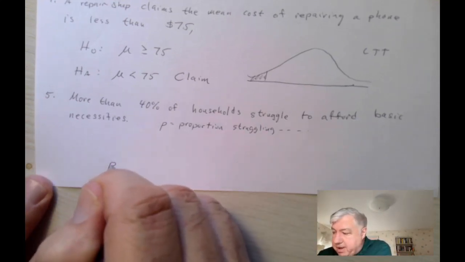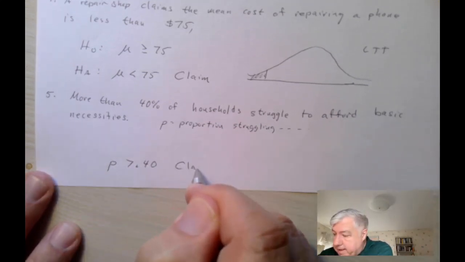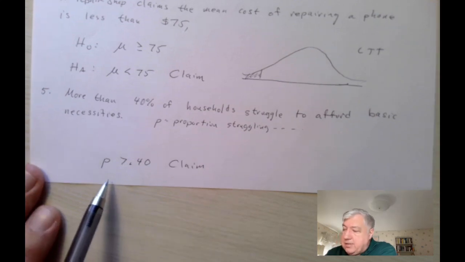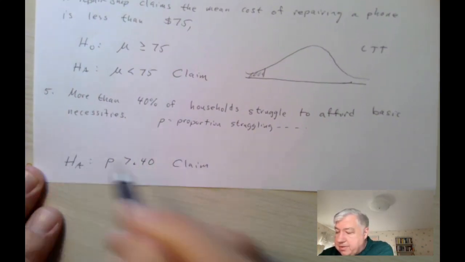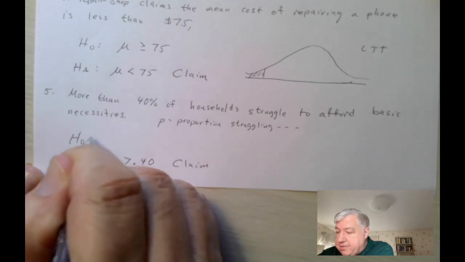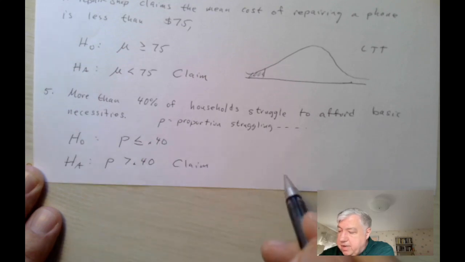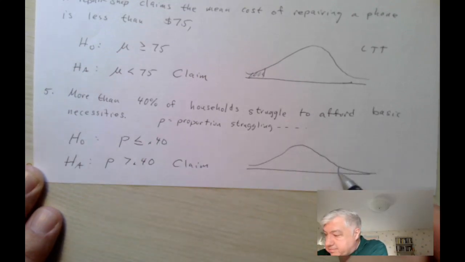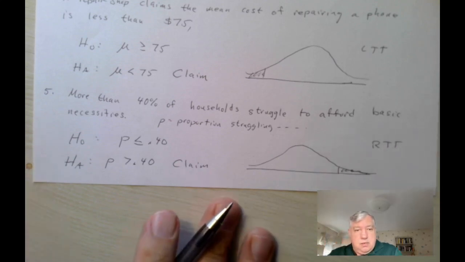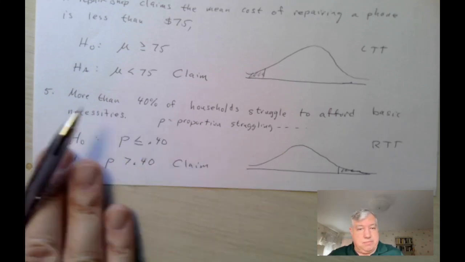So that's our claim. And because this has strict inequality, this is our alternative hypothesis. And our null hypothesis would be P is less than or equal to 0.40. And this would be a right-tailed test, because we assume this to be true, so the unlikely values would be over here.